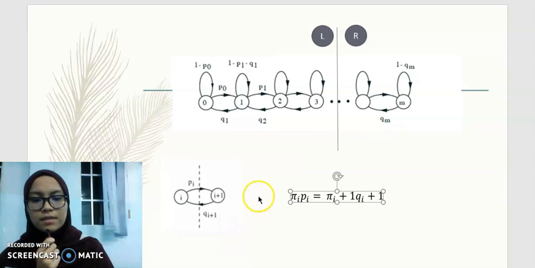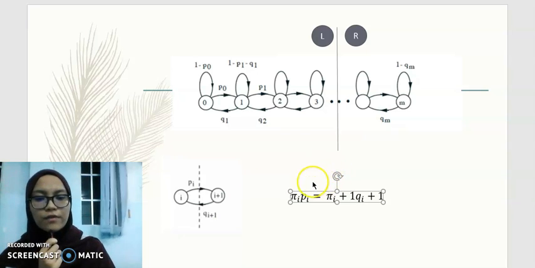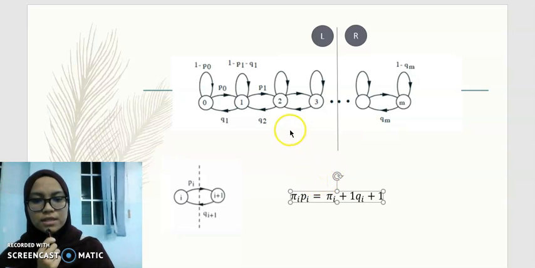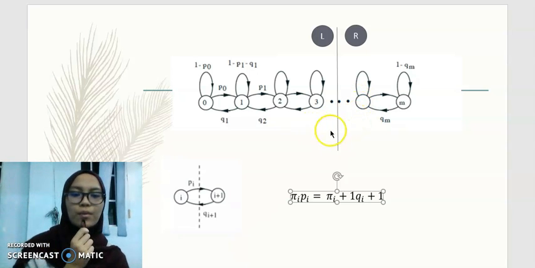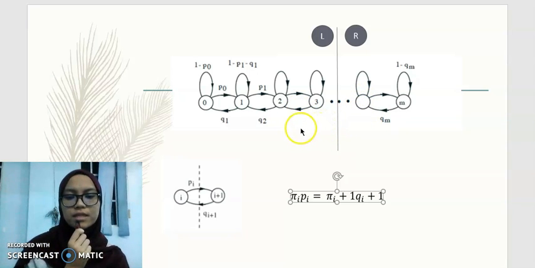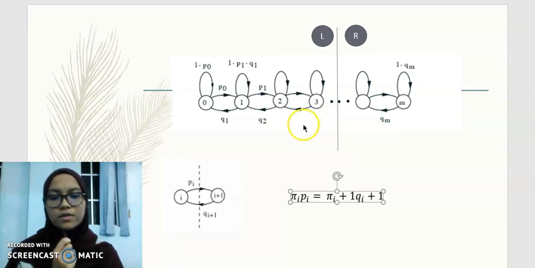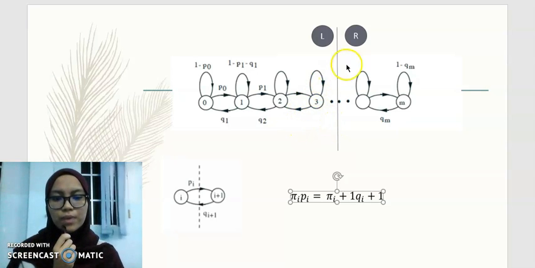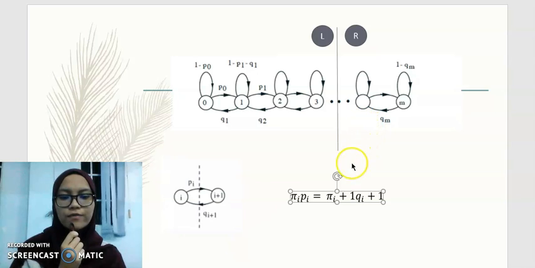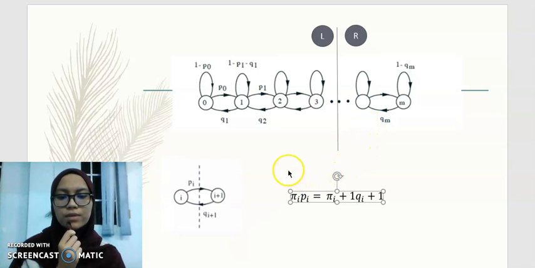Now there is a certain balance that must be obeyed here. The number of upward transitions through this line cannot be very different from the number of downward transitions through this line. Because if we cross this way, then in order to cross this way again, you will have to first cross down the other way.